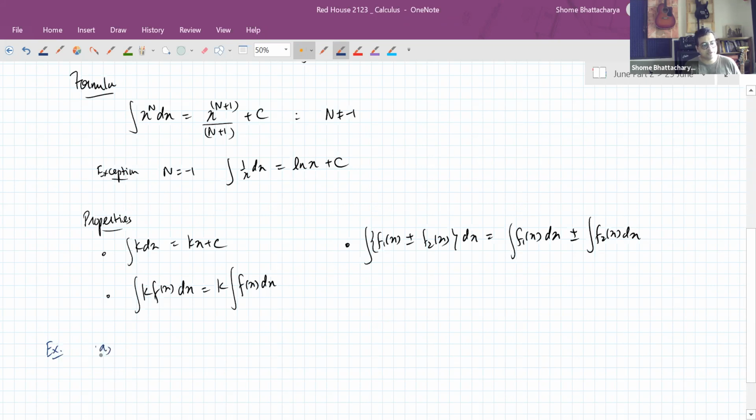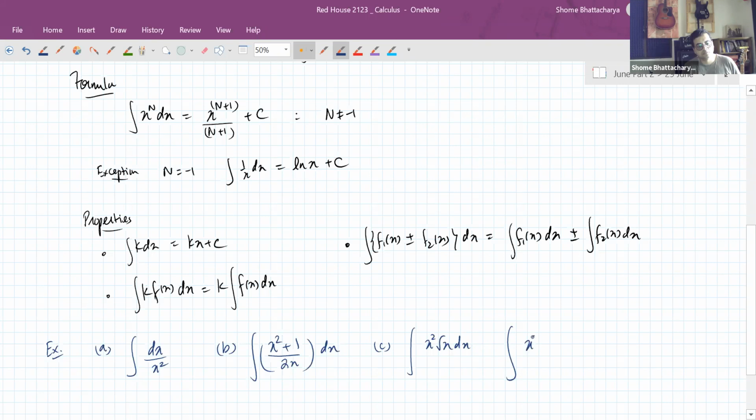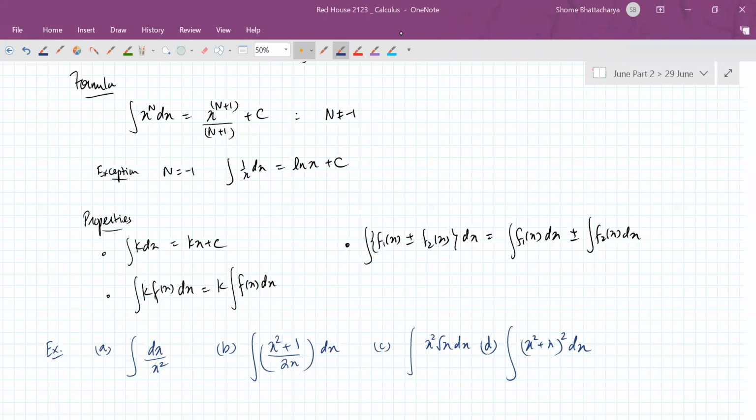Okay, so please work out the following four integrations and send me the text message with the answers.